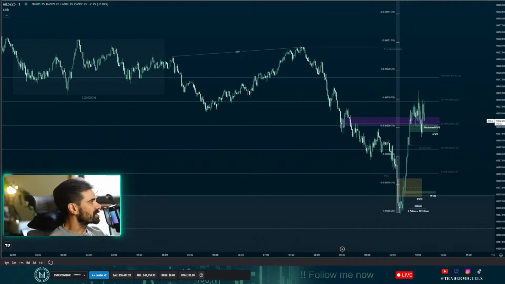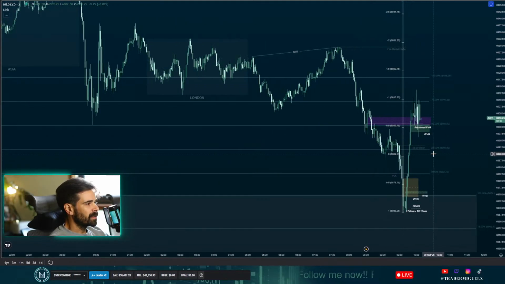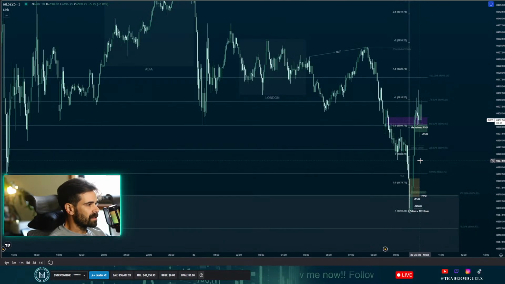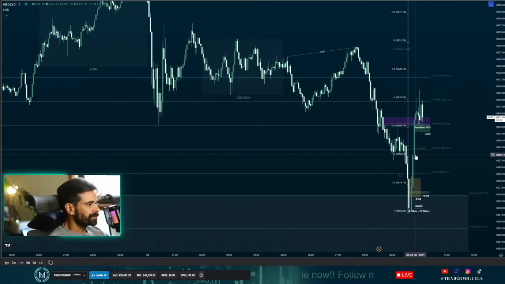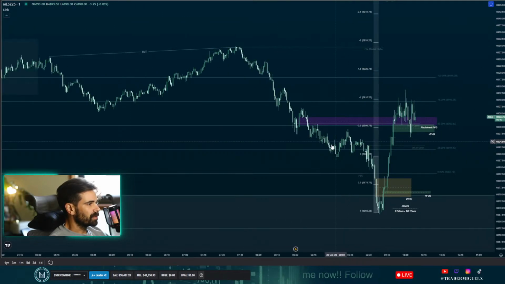So at this point, it's kind of hard to frame anything. On the 2 minute, there's a lot of imbalances. On the 3 minute as well, this first one can act as a breakaway gap. The second one is already touched, so we are ready to go to the upside. I'm not sure about it, honestly.